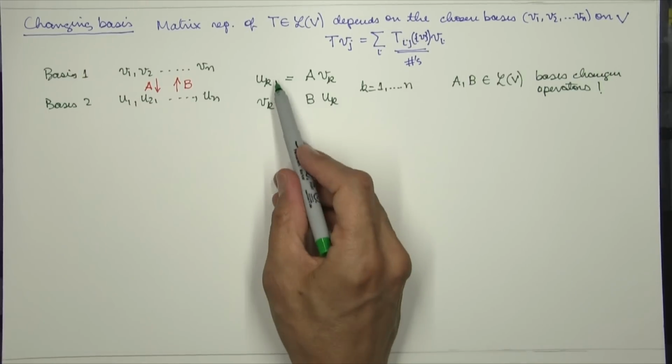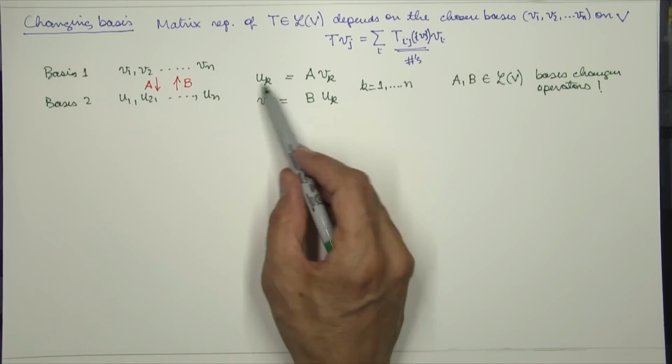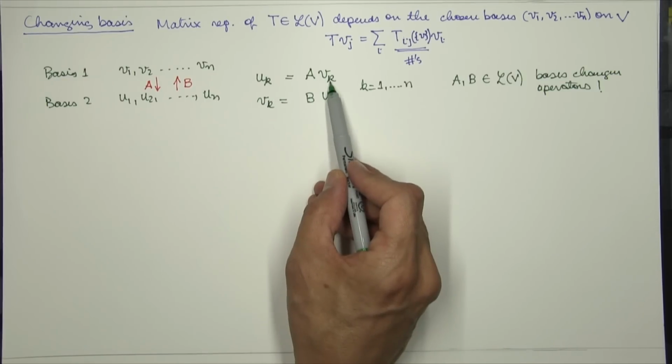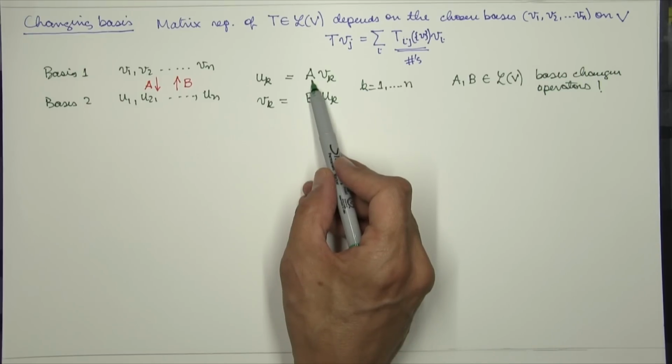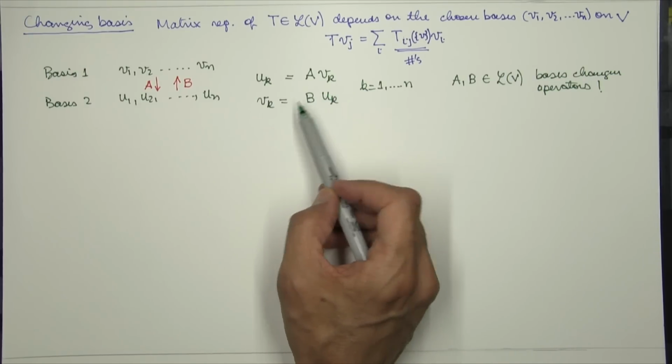You see, this relation, you should think of it as a relation between vectors, an absolute relation. These are not components, these k symbols. This is saying, say, the third basis vector is taken by A into the third basis vector of the second basis.